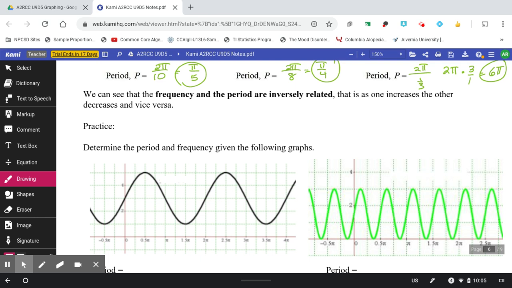Now, if you look at the period first, the period is equal to 2 pi divided by the frequency, and the frequency is equal to 2 pi divided by the period. All right, that's what it means to say that they're inversely related.